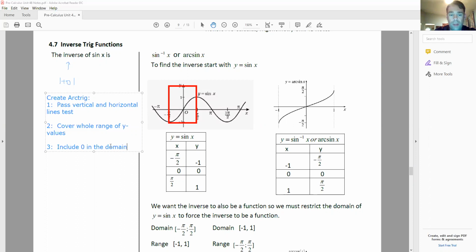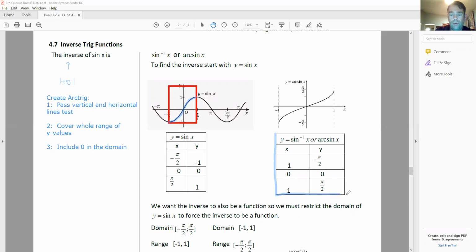So they had to go from -1 to 1 for sine and cosine, and they had to include 0 in the domain. So what they did is they came over here and they started from the lowest part, -1, and they tried to go up to create that domain that would cover every y value, include 0, and pass the horizontal and vertical line test. And when they did that, they were able to create essentially these arc values.